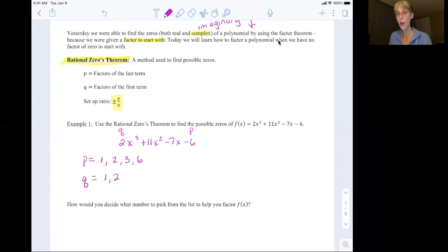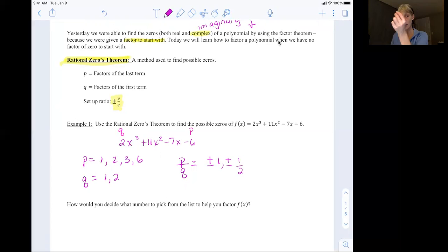Now, when we create our list of possible zeros, P over Q, we're going to include every positive and negative version of them. So I'm going to set up my ratio. And by the ratio, I mean 1 over 1, 1 over 2, 2 over 1, 2 over 2. So plus or minus 1 over 1 is 1. Plus or minus 1/2.